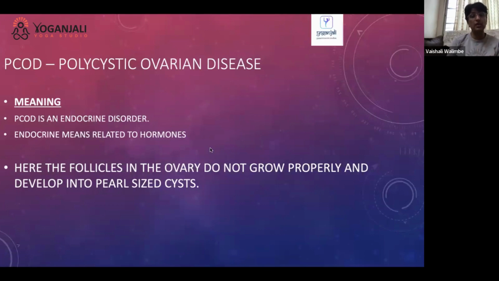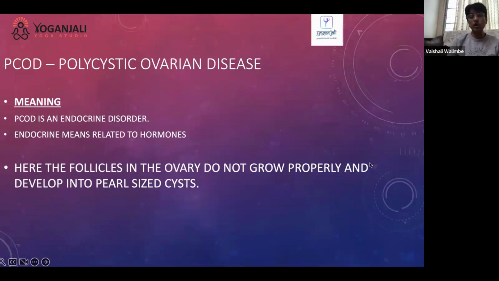We have eggs in the ovaries. There are many eggs at a time in our ovaries, and these eggs are covered with a small, very light covering, which is called a follicle. These follicles and the eggs inside them do not grow properly.